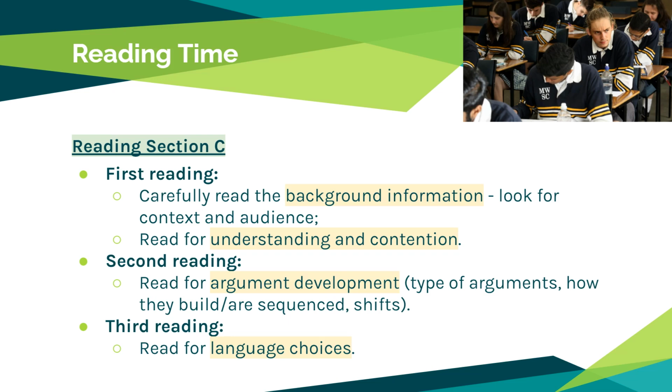If you get to read the text the third time, fantastic. You should be reading for language choices. These are the techniques, the devices, the language choices that the author is making to craft their argument in the most persuasive way possible. If you don't get to a third reading, that's okay. Try to identify some language choices during your second reading.